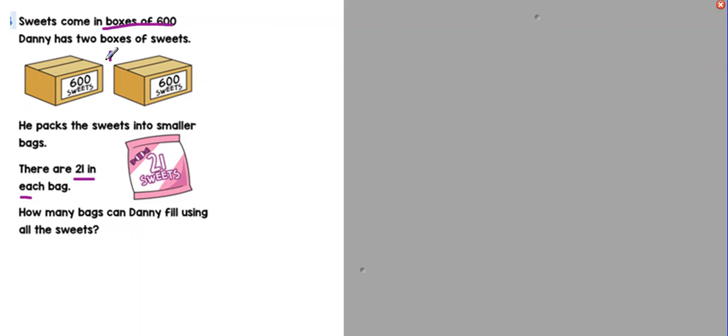So we're going to have to add these together first of all, get our total. So that's the amount of sweets you will have altogether. There's 21 in each bag. We're then going to have to divide by 21 to get our answer to how many bags Danny can fill. Pause the video now and have a go at this one.